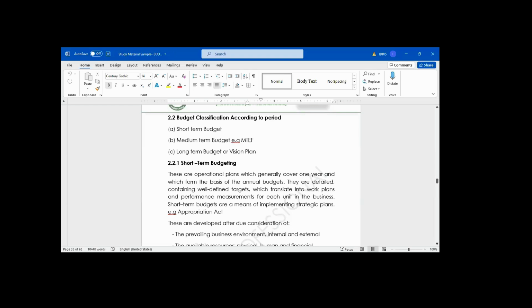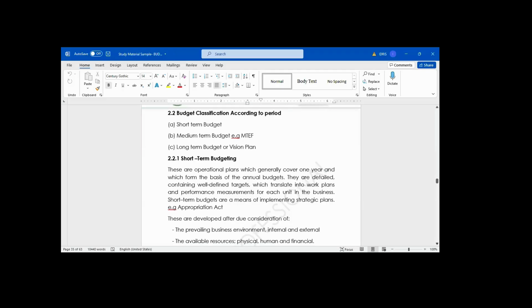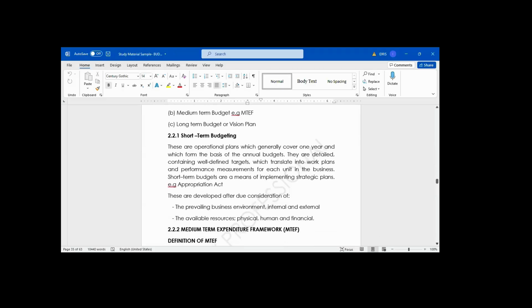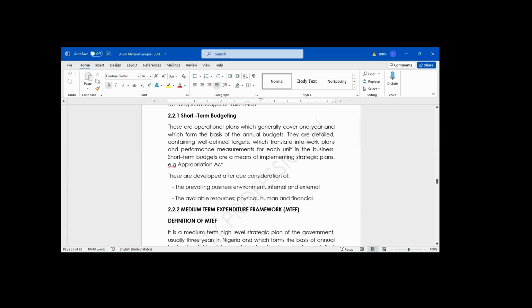So every year, government normally prepares its budget called the Appropriation Act. This budget is a short-term budget. It is the budget that is used to run the working capital of the government.